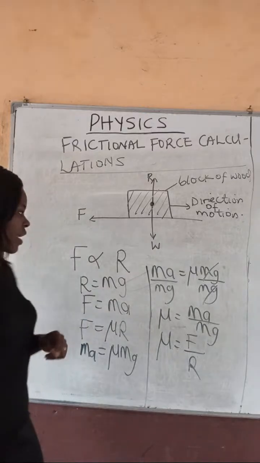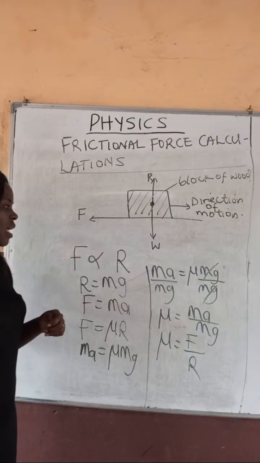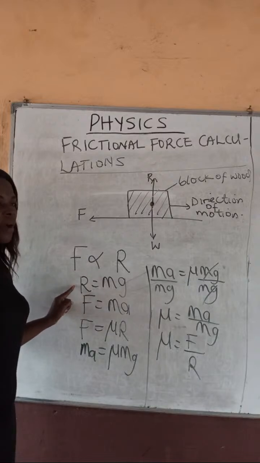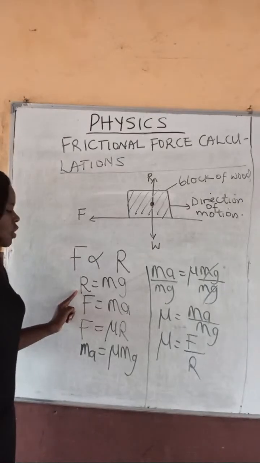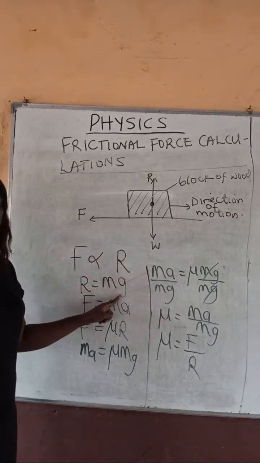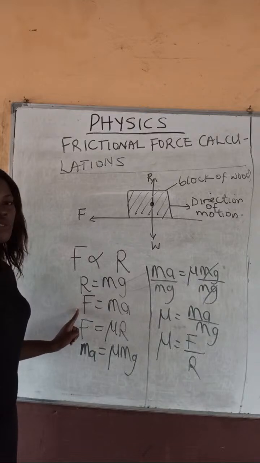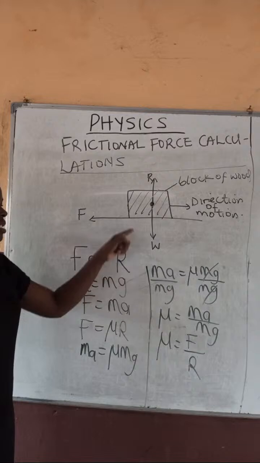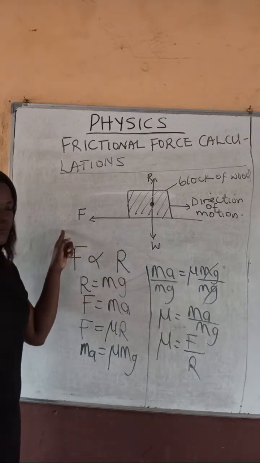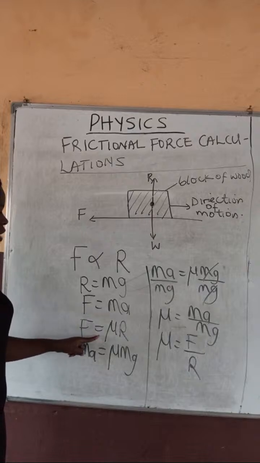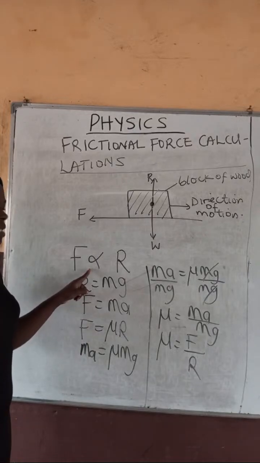The law of friction says that the frictional force is proportional to the reaction force. What is reaction? Reaction is equal to the weight, and weight is equal to mg. What is F? F is frictional force, and frictional force is equal to ma, because it's dealing with a linear acceleration. Now, I want this proportionality sign to introduce a constant.